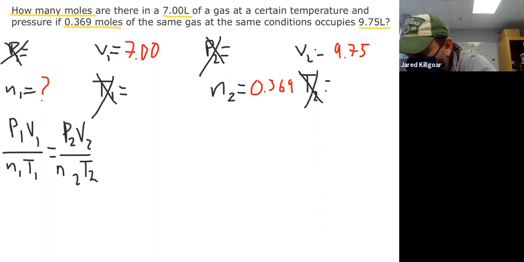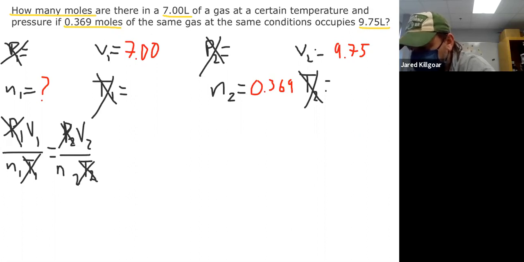We take them out of the ideal gas law, taking out my pressures and my temperatures. So really, I'm left with what's called Avogadro's law, which is V1 over N1 equals V2 over N2.